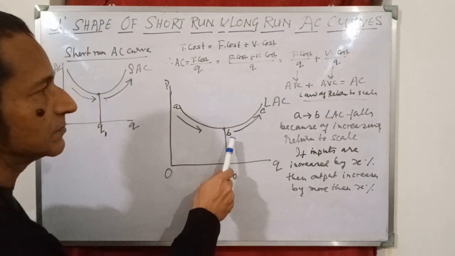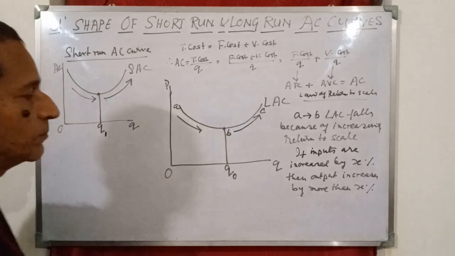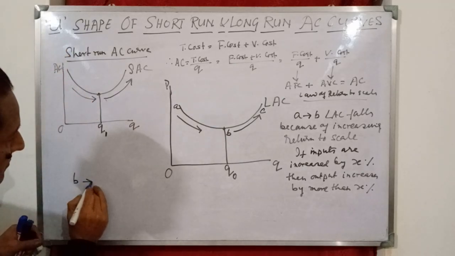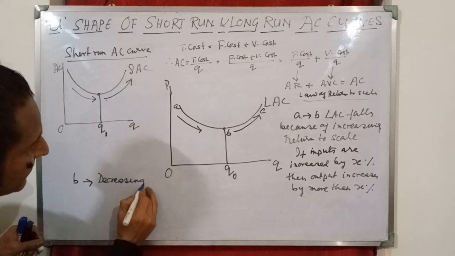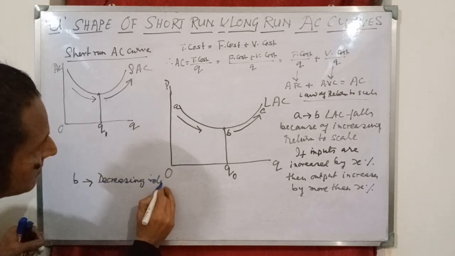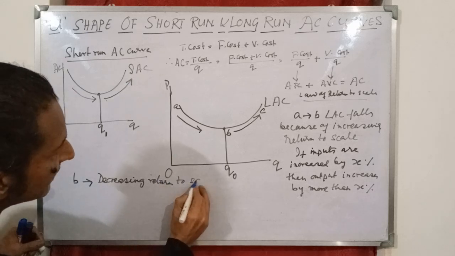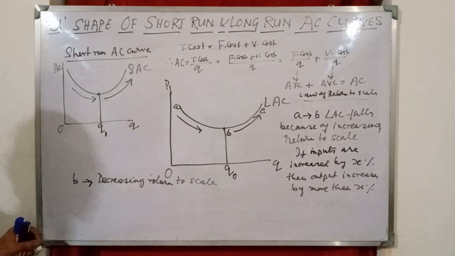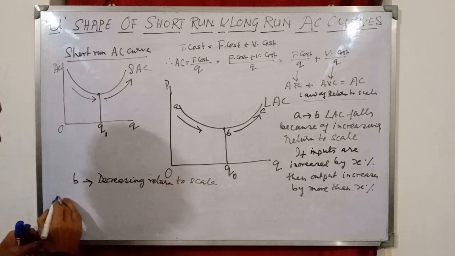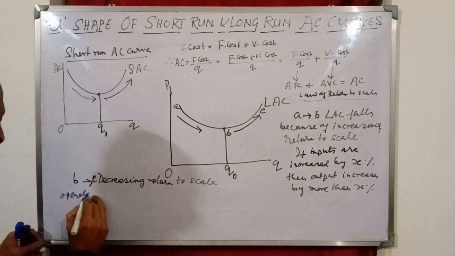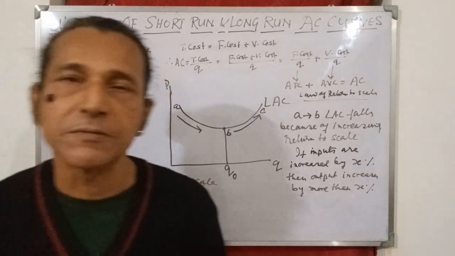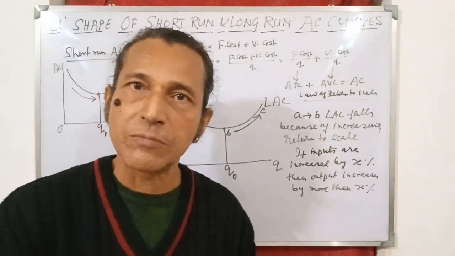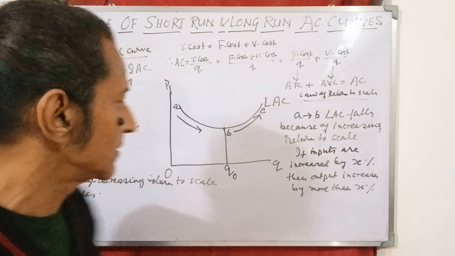And beyond B till point C, B to C, decreasing return to scale operates, that means for all the factors. This means the output is increased less than proportionately to a given proportional increase in inputs.